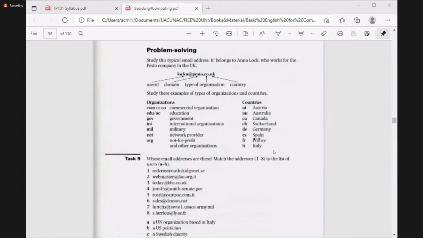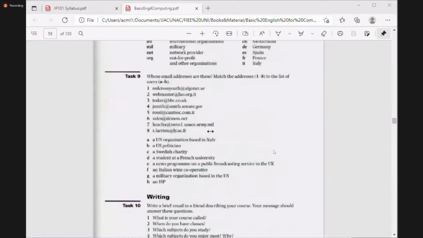So here we have to connect, no? For example, which is which. The UN organization based in Italy is webmaster at fao.org.it. Then I can put that here. That is number 2. The US politician is number 4, Jay Smith.